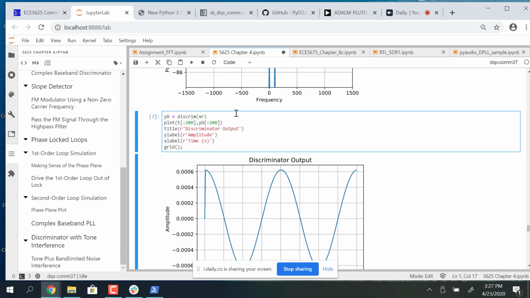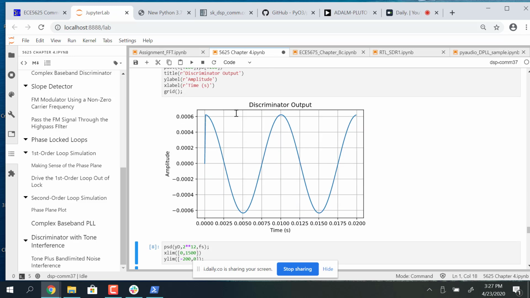Now I go into this complex baseband discriminator that we've looked at before. The model for that is further up the page in the notebook, and I just plot the output, and we can see that what we're getting for the output is that interfering tone at 100 hertz in this case.